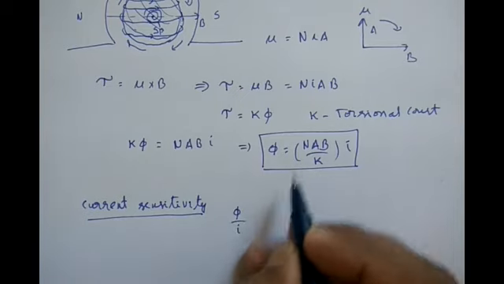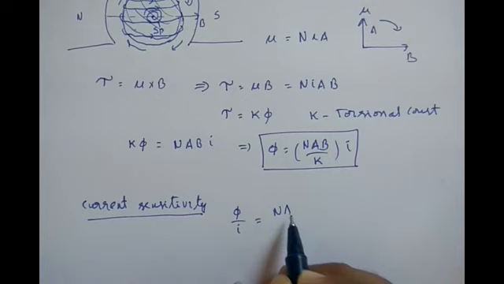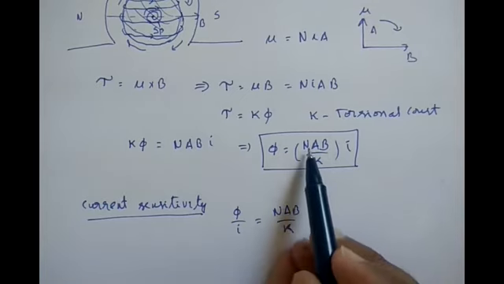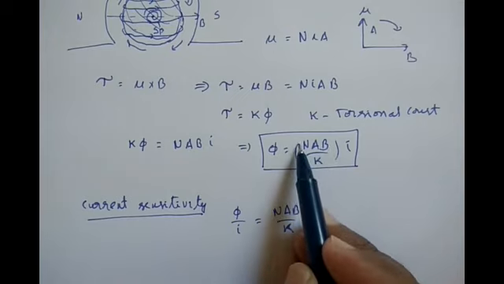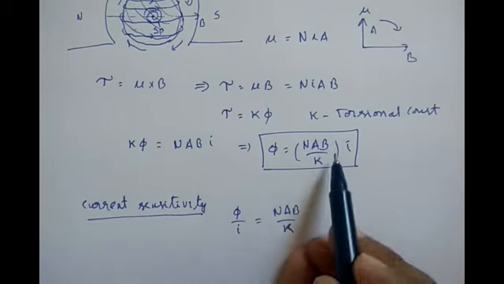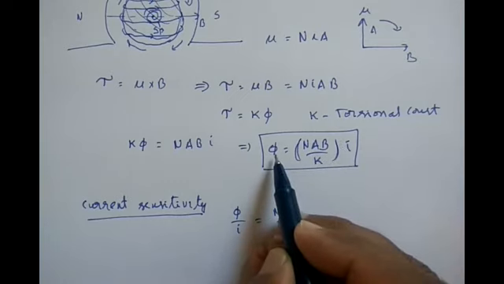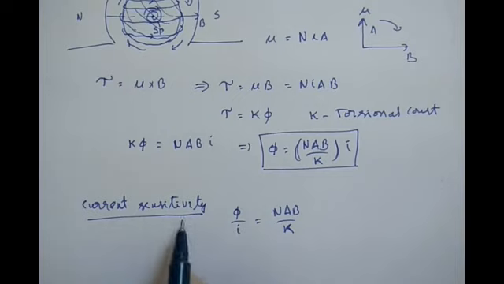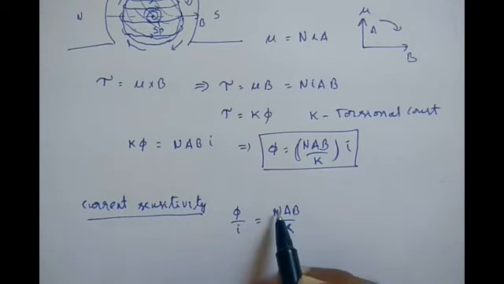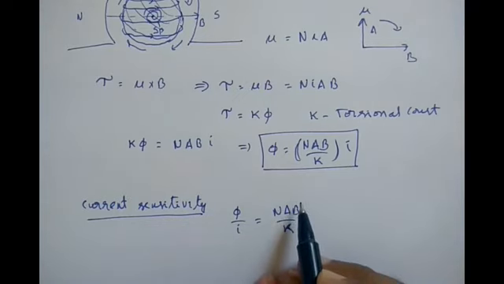So deflection per unit current equals NAB by K. And look here, NAB by K is fixed for a given galvanometer. As you increase I, deflection increases. The current sensitivity is defined as deflection per unit current, so that is NAB by K. If you want to increase the current sensitivity, you can increase the number of turns, or you can increase the area, or B.